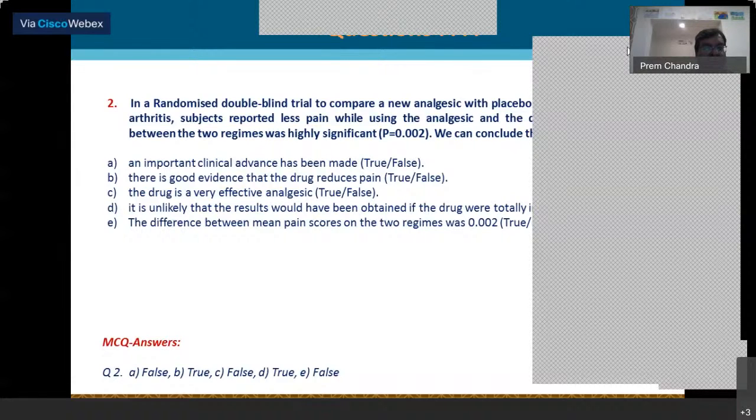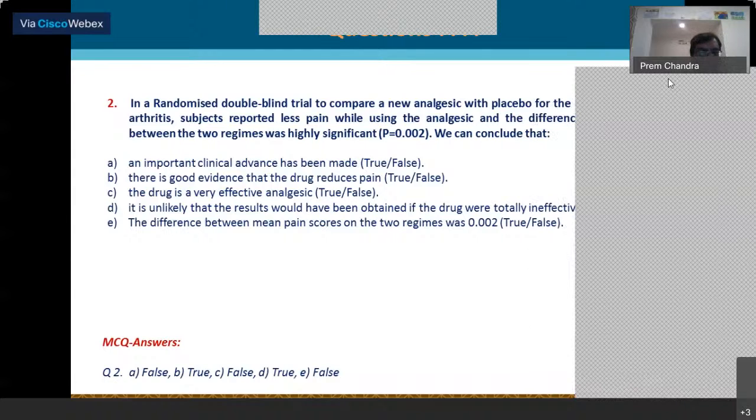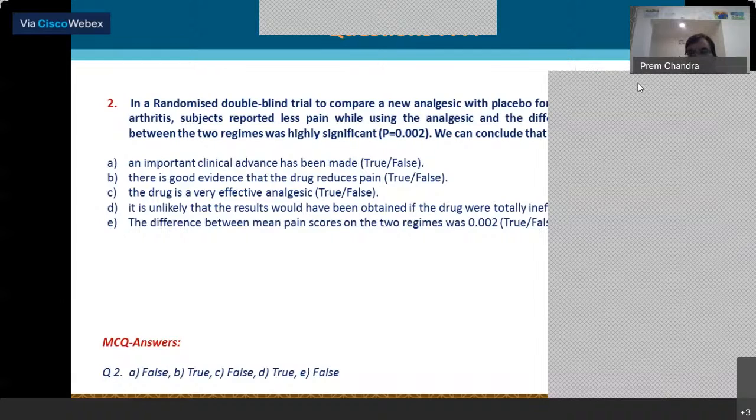And D, it is unlikely that the results would have been obtained if the drugs were totally ineffective. That is also true. So B and D are true, whereas A, C, and E are false. I could see that 6 participants said true for D, and 8 said true for B, which is good.